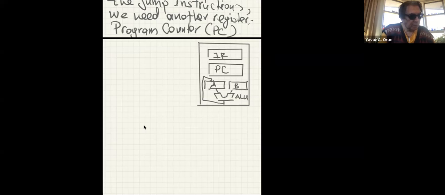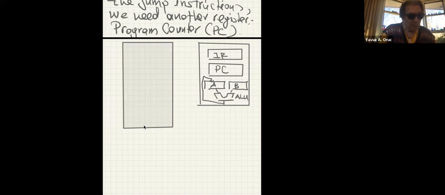And then right in the border or the boundary between this and the memory itself, let's also draw the memory. Okay. We have these two things, which I call the interface.